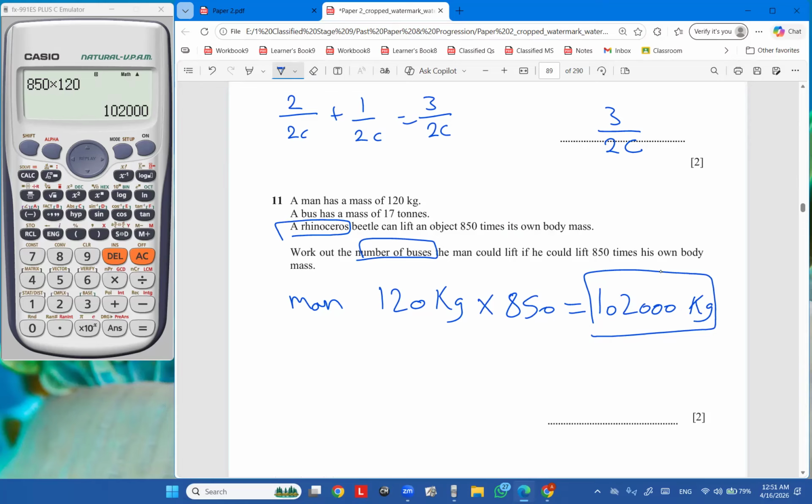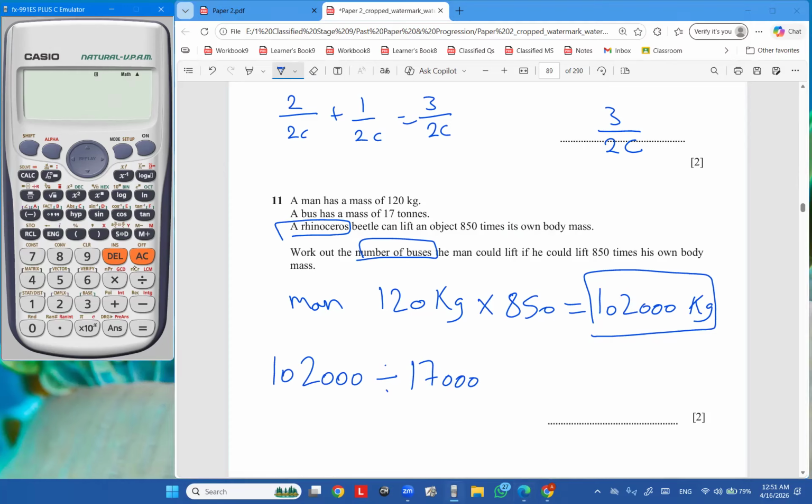So I'm going to do what the man can lift, which is 102,000. So this is what he can lift, divided by the mass of one bus, which is 17,000. And this is going to tell me how many buses he can lift. So 102,000 divided by 17,000 gives you six buses.